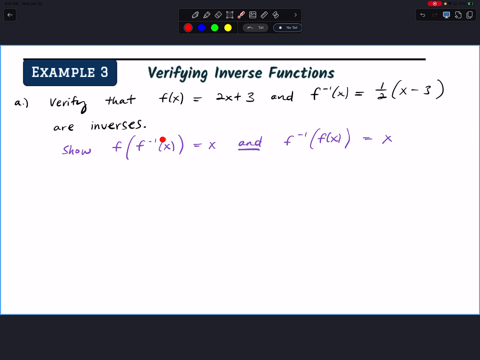So it doesn't matter where you start. I'm going to start with this direction. So f of f inverse of x is equal to f of, in the parentheses, I want us to replace this with the function f inverse of x. So f inverse of x, they told us, was this, 1/2 times x minus 3.